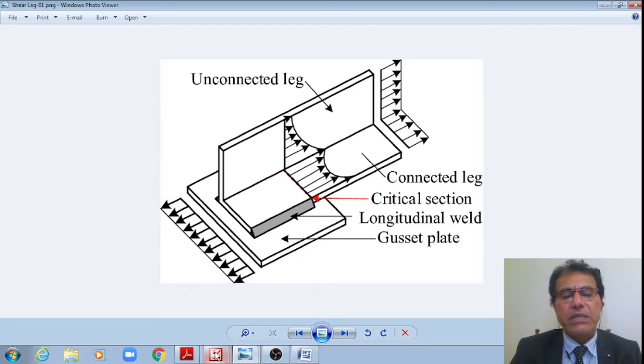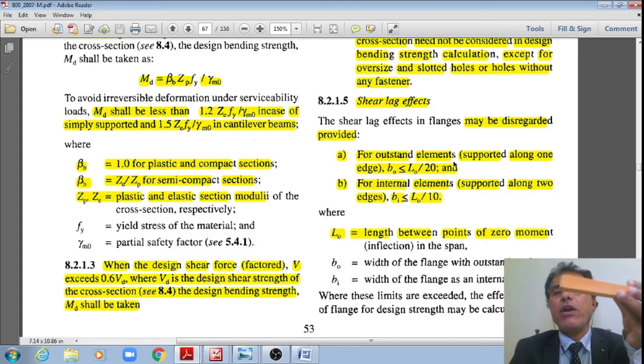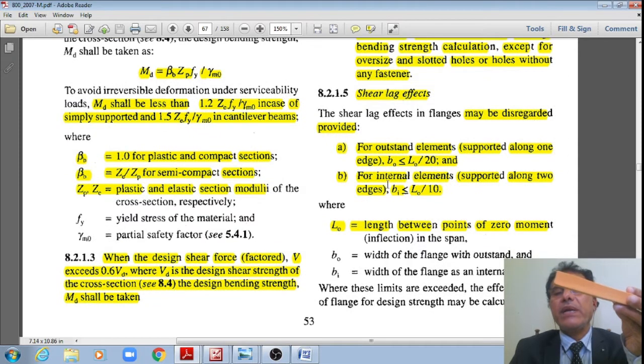Once such shear lag effect is there, when shall it be considered? The shear lag effect in the flanges may be disregarded for outstand elements supported along one edge, if b0 is less than or equal to L0 by 20, and for internal elements supported along two edges, bi is less than L0 by 10.